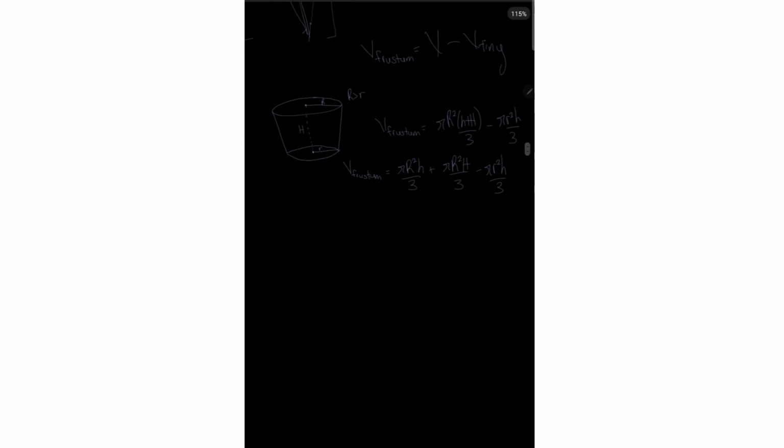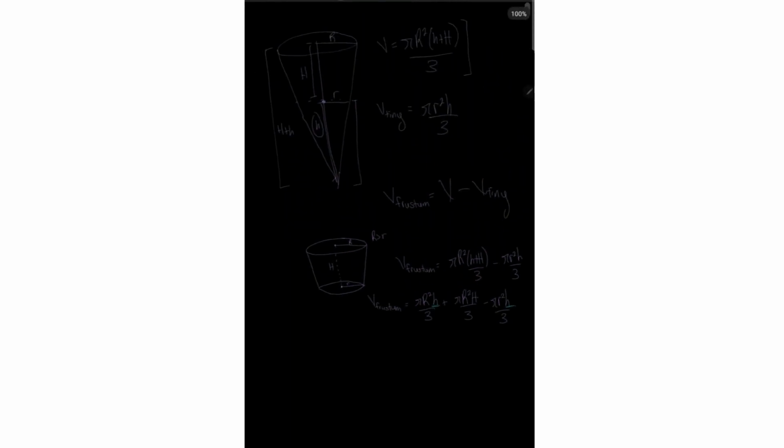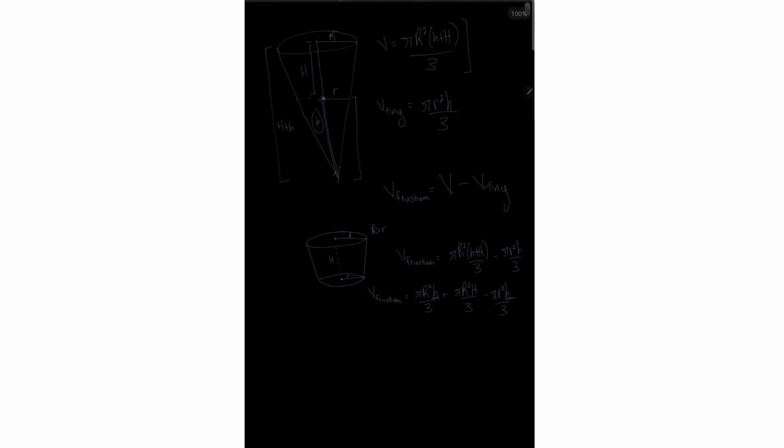Okay, now we have a problem here. We're given big R, little r, and big H, but we're not given little h. We're not given this value. So we need to eliminate that from our equation. To do that, let's have another look at the big cone. We have essentially two triangles.